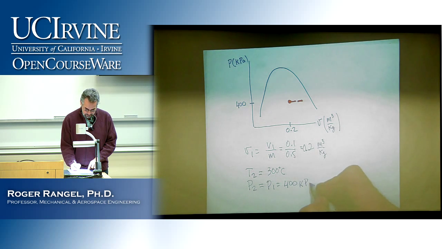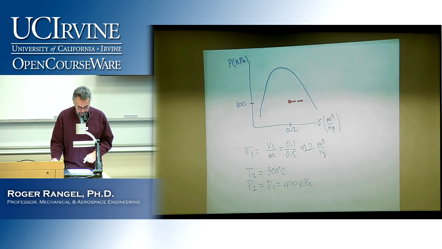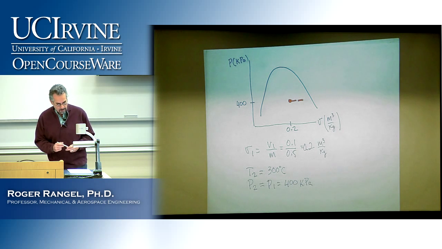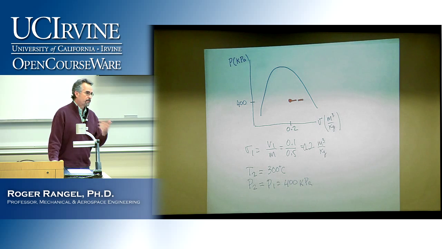So unless I am inside the dome, we would have two independent conditions. So how do I know whether this is inside or outside the dome? One answer is experience.